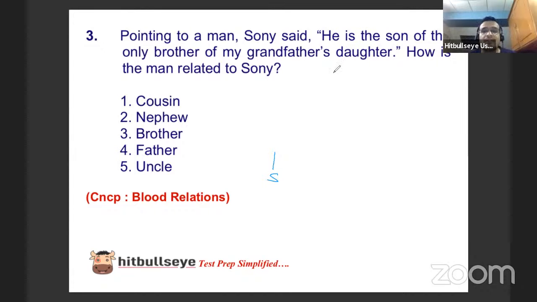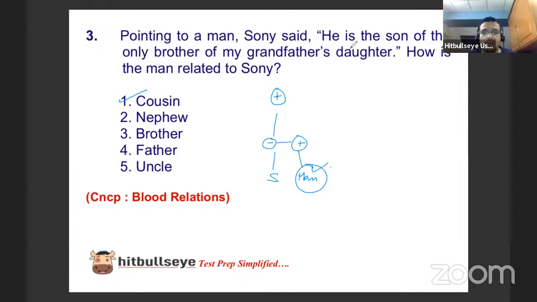Of my grandfather's daughter, so we have to skip here, go to grandfather, daughter, only brother, son. This proves that the man is cousin to Sony. First option is the right answer.